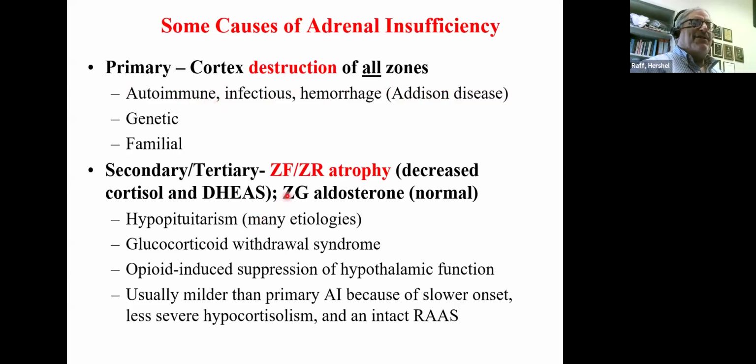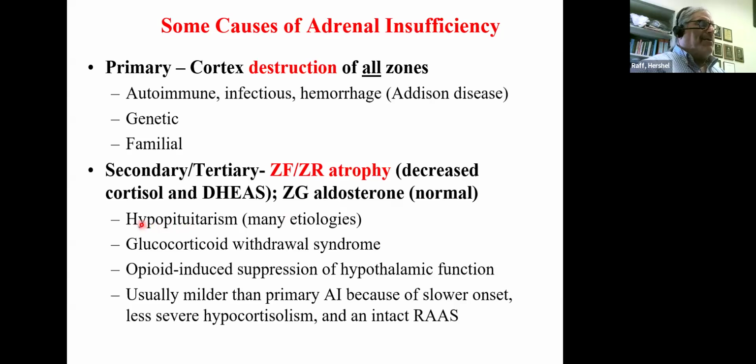Secondary adrenal insufficiency is more complicated, and more subtle. So the zona fasciculata and reticularis atrophy because of the loss of the trophic actions of ACTH. So cortisol and the DHEAS are low. However, because the renin-angiotensin system's intact, zona glomerulosa is just fine, and it pumps out aldosterone, and that attenuates the symptomology.